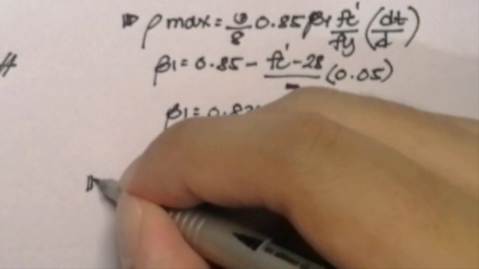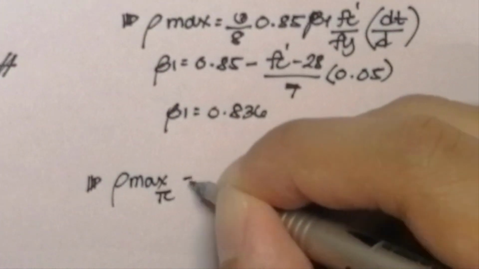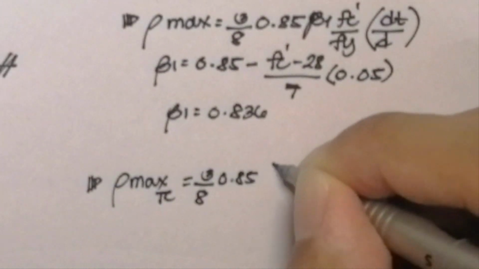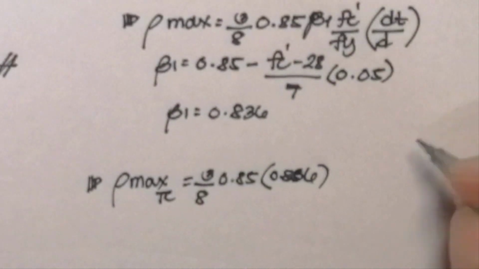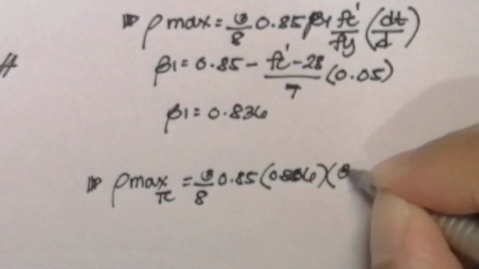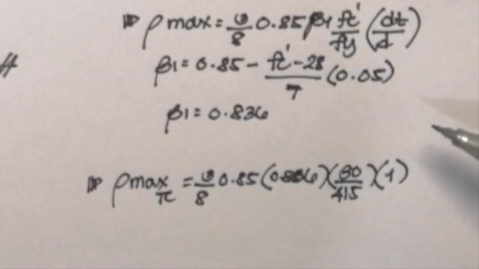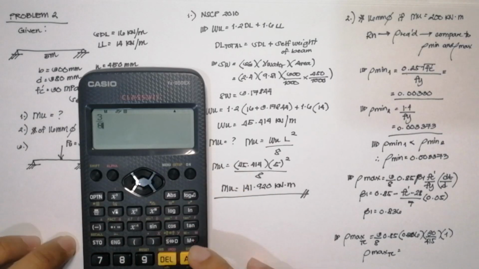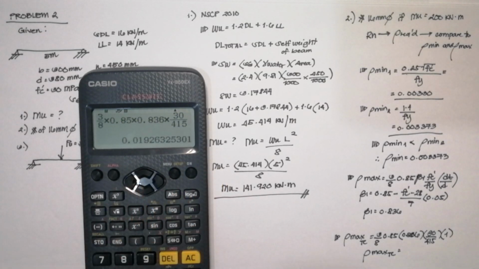So to solve for the maximum reinforcement ratio for tension-controlled singly reinforced beam, it is equal to 3/8 of 0.85 multiplied by 0.836 multiplied by 30 compressive strength divided by 415 yield strength of the steel multiplied by 1. Since we only have a single layer, the ratio of dt over d is equal to 1. So our maximum reinforcement ratio, tension controlled for singly reinforced beams, is equal to 0.01926.